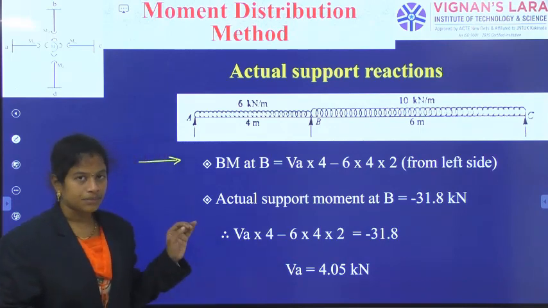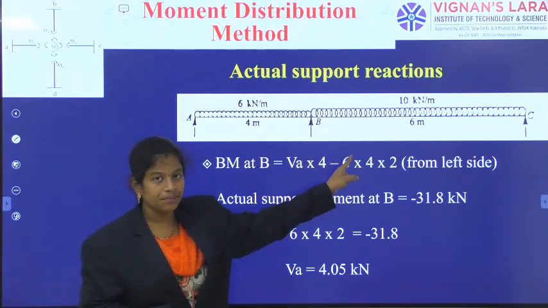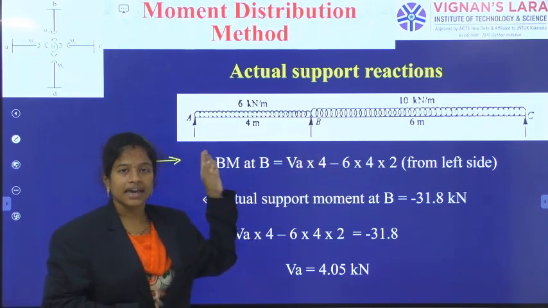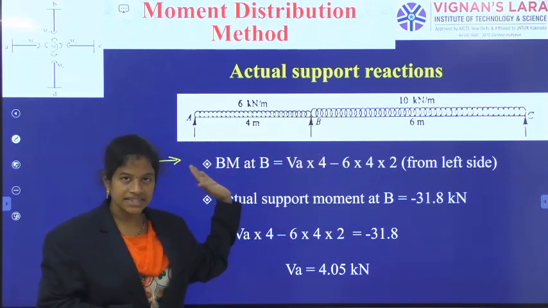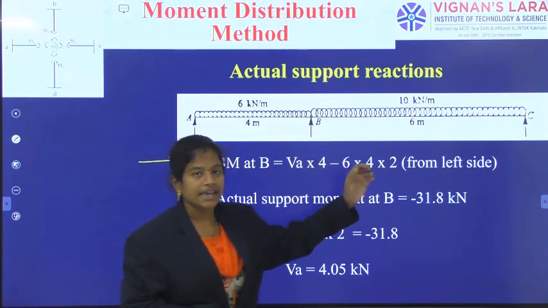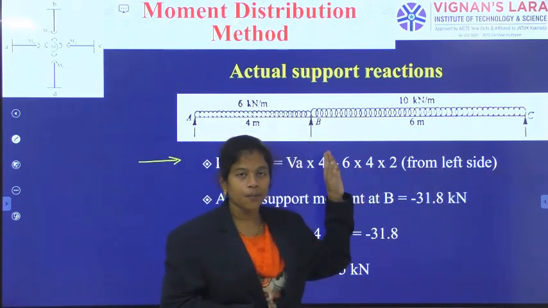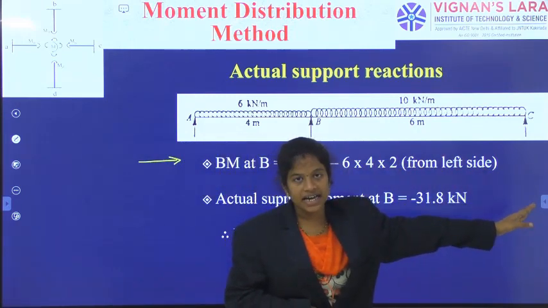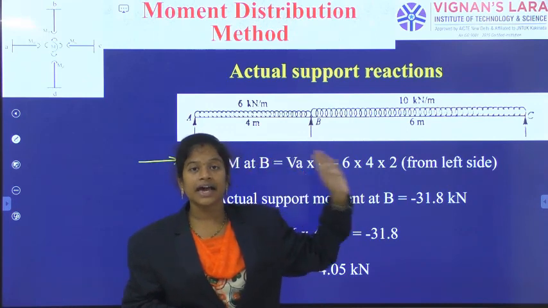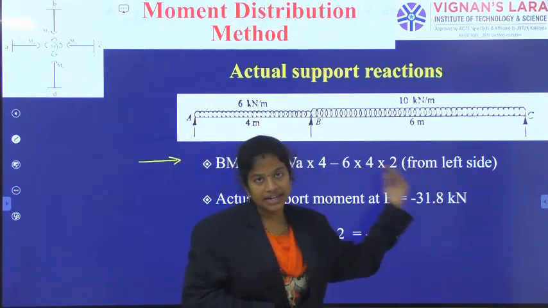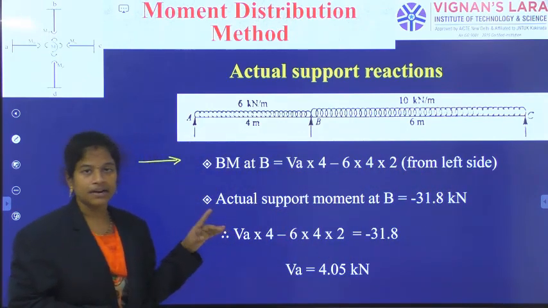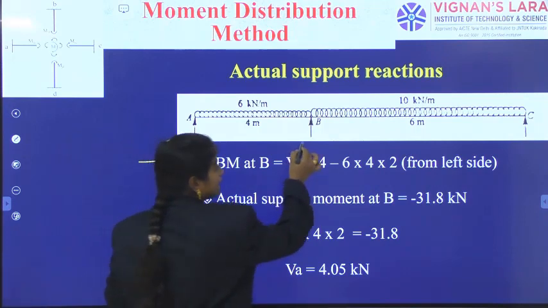I am using the bending moment at B answer so that I can evaluate VA when I consider the left span, or I can evaluate VC using the bending moment at B when I use the bending moment from the right side. Okay, first I am going from the left side. Bending moment at B.